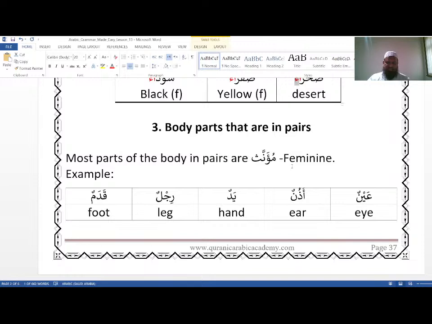All these isms are in pairs: aynun, two eyes, udhunun, two ears, yadun, two hands, rijlun, two legs, qadamun, two feet. These are all feminine. So remember this: body parts that are in pairs. Those that are singular will be mudhakkar, like nose, mouth, head.